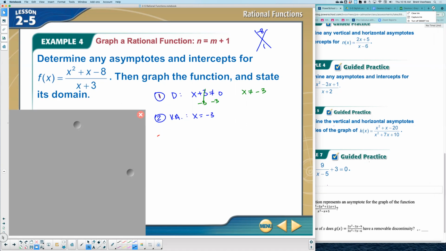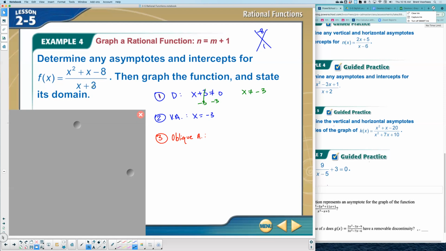Step 3. Is this bigger on top, bigger on bottom, or are the exponents the same? Bigger on top. Now, here's the deal. If it's bigger on top, you will have an oblique asymptote, or a slant asymptote. I'm just going to write oblique asymptote, since I have not written that very many times today. The oblique asymptote is technically found by actually dividing the equation out.